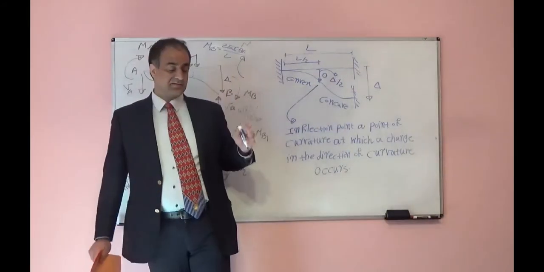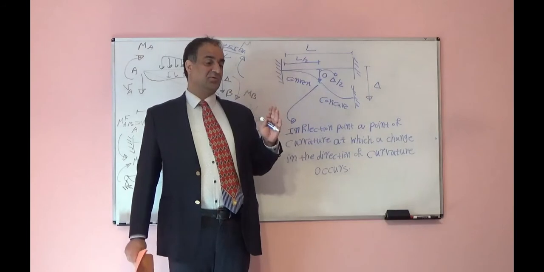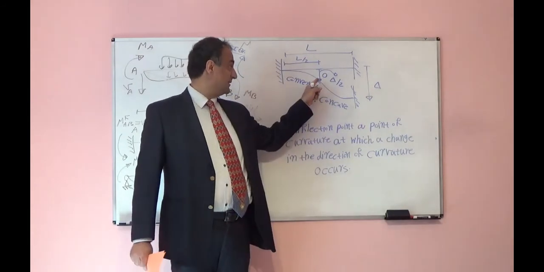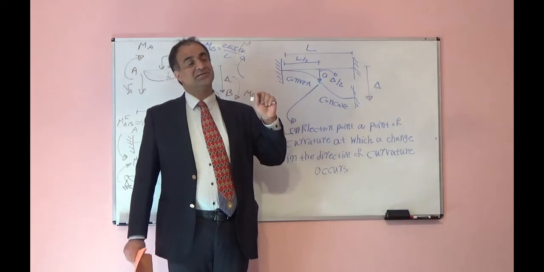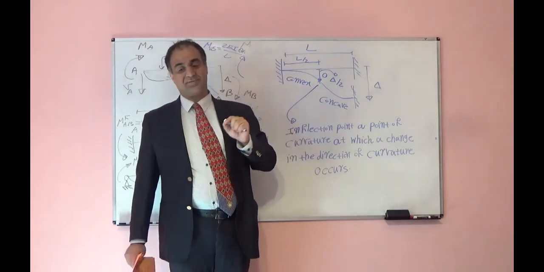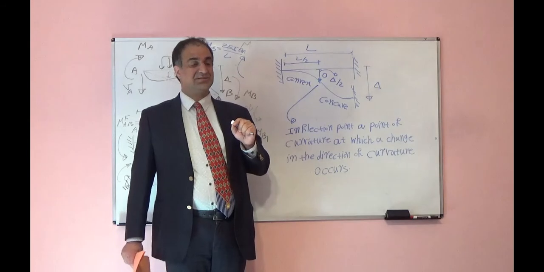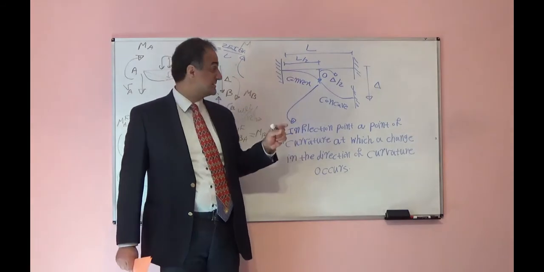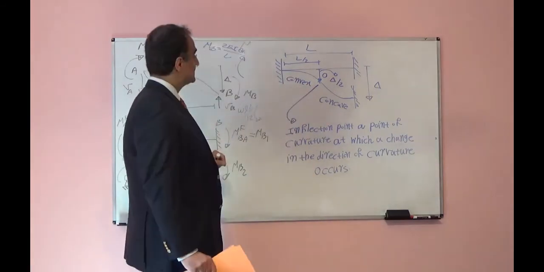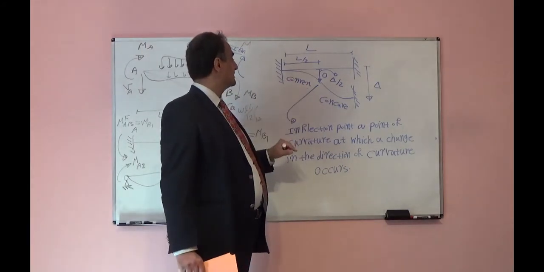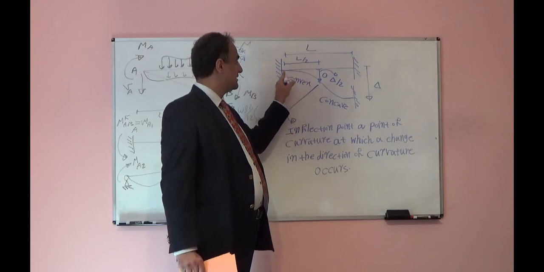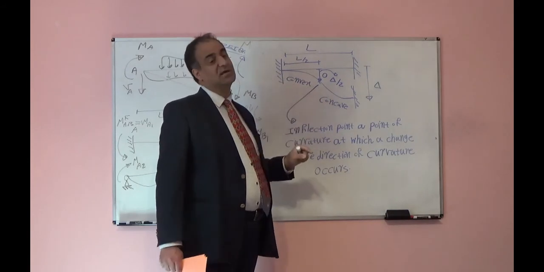It means that at that point, for example here, the inflection point, the curvature is equal to 0. Before and after that, the curvature shape is different. The curvature direction is different. For example, in this case, before O our curvature is a convex shape. After that, it is a concave shape.